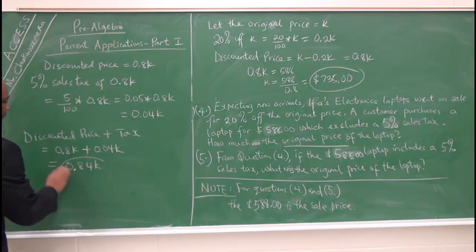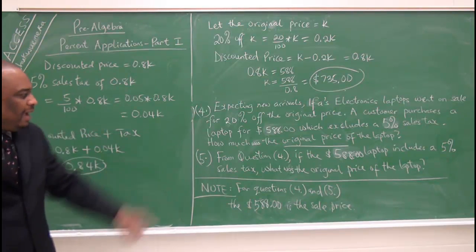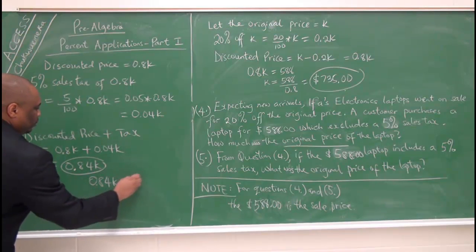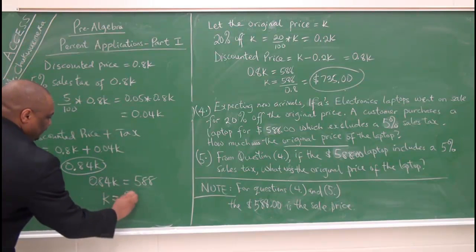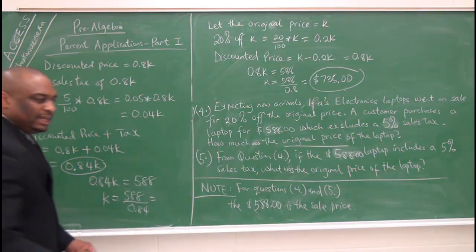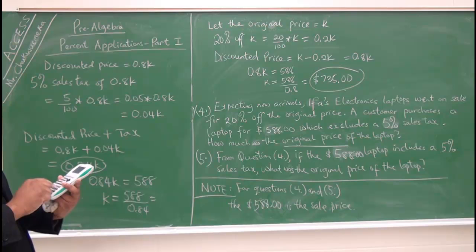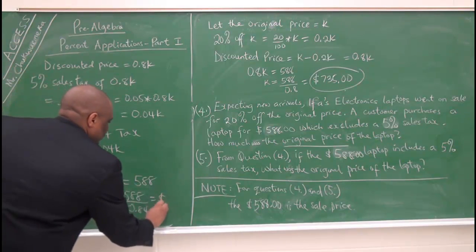Now, this 0.84K includes the sales tax, and that is now equal to 588. So we equate 0.84K equal to 588. So our K will be 588 over 0.84. What will be the original price? 588 divided by 0.84, and that is $700.